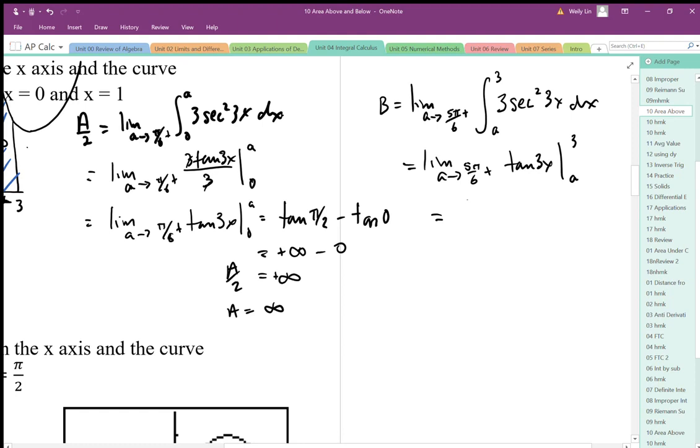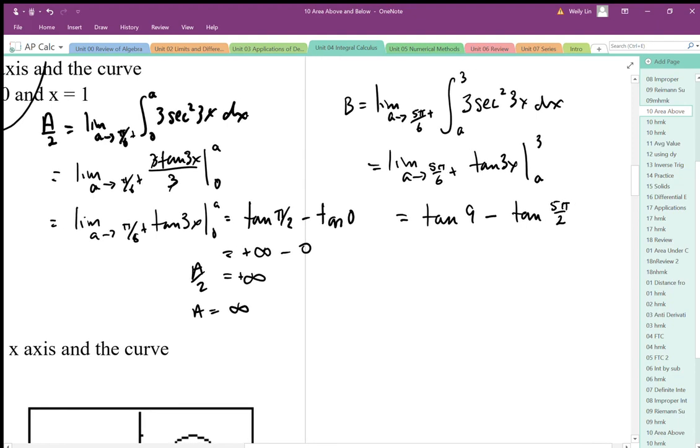I'm going to evaluate that limit. I'm going to plug that in. So I'm going to end up with tan 9 minus tan of, when I plug x in there, I get tan of 5 pi over 2, approaching it from the positive side.